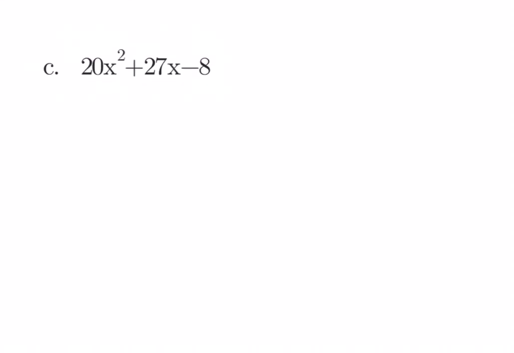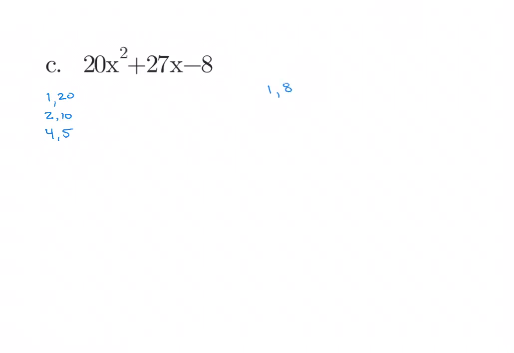All right, let's see what we got here. Things that multiply to 20. We have 1 and 20, 2 and 10, 4 and 5. Things that multiply to 8. We have 1 and 8, 2 and 4. Okay, some things that we can get rid of right off the top.